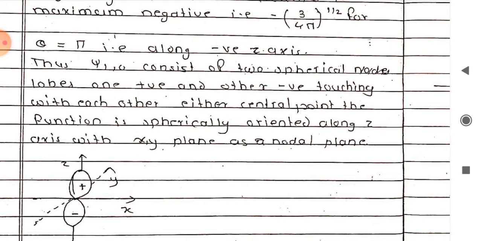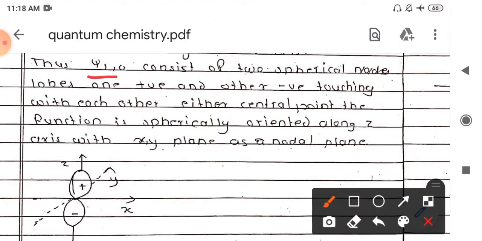So for psi 1 0, there are two lobes, one positive and the other negative, oriented along the z axis, and it has a node at the xy plane.